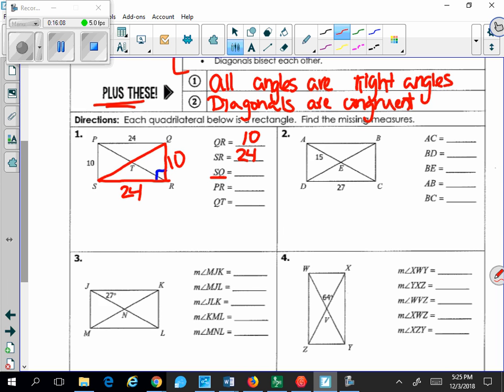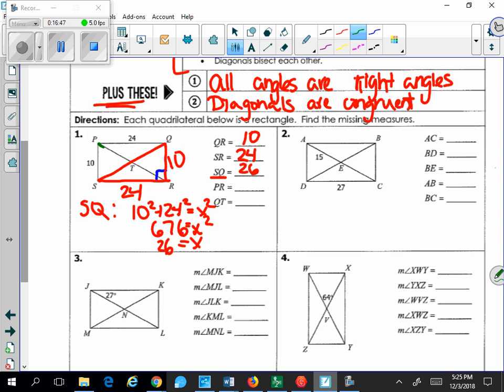I know we have a little bit of trouble recognizing this, and some of you think way too much about it, but all this is, is the Pythagorean theorem. To find SQ, I need to say 10 squared plus 24 squared equals x squared. When I do all that math out, I'm going to get 676 equals x squared, x equals 26. So my SQ is 26.